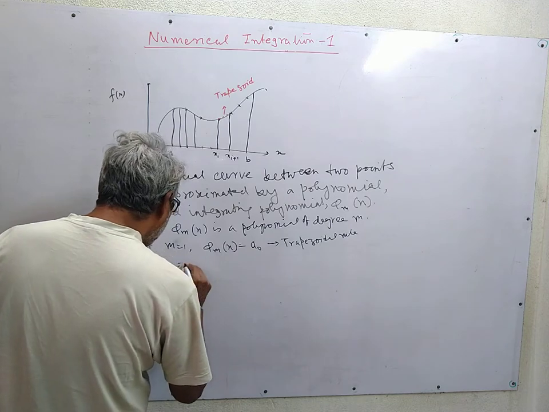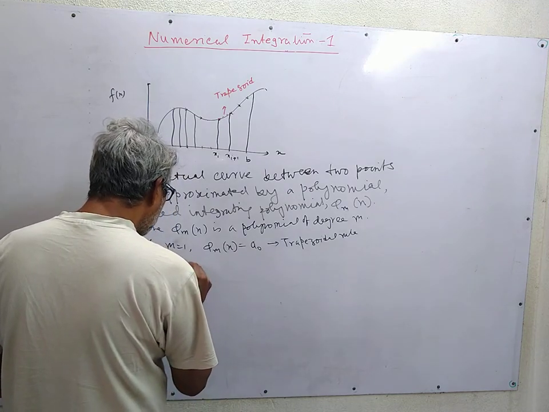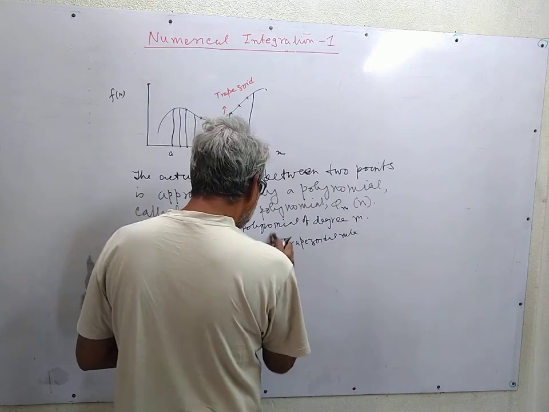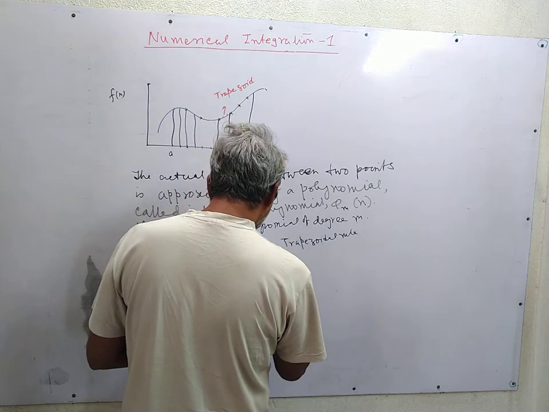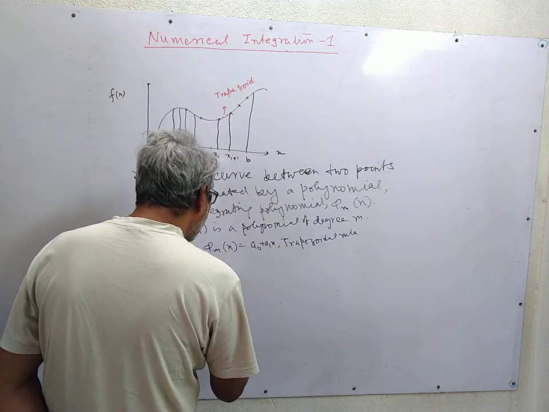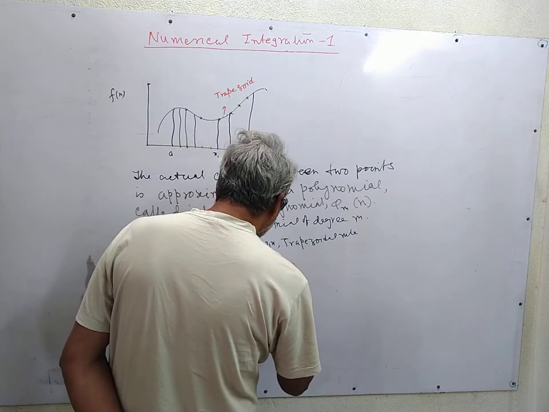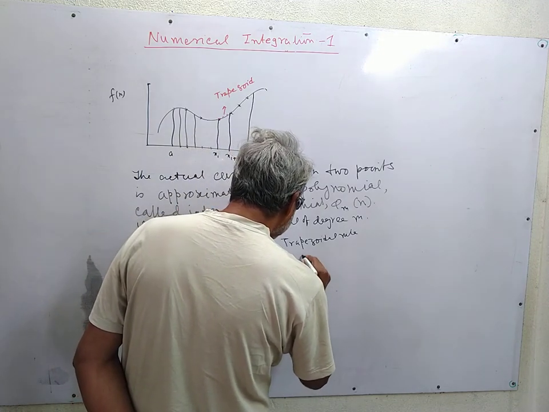If m is equal to 2, phi m of x is equal to a0 plus a1 x plus a2 x square.